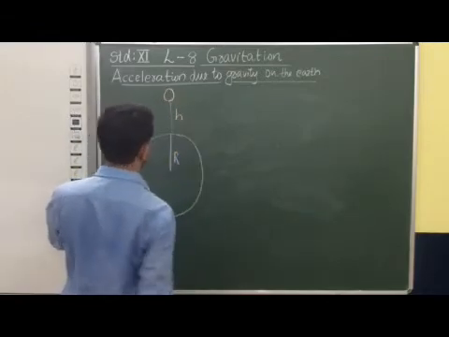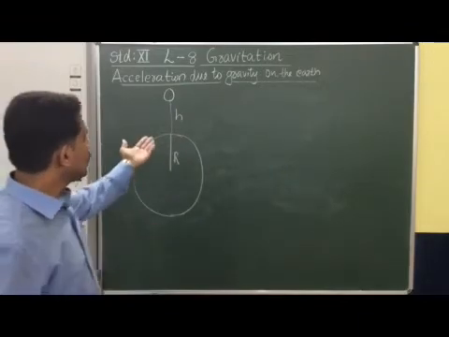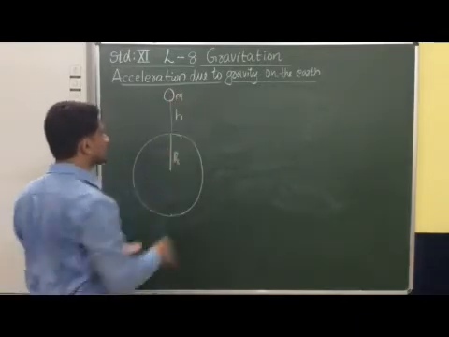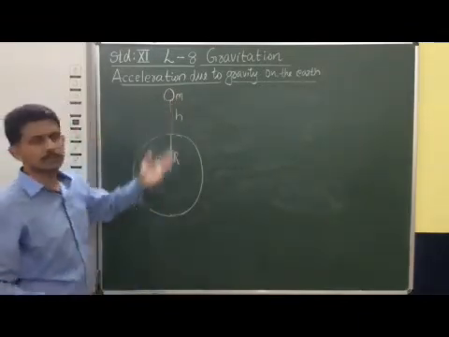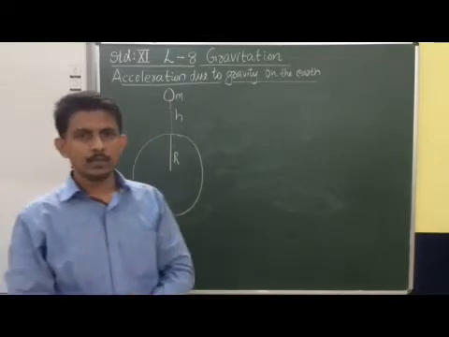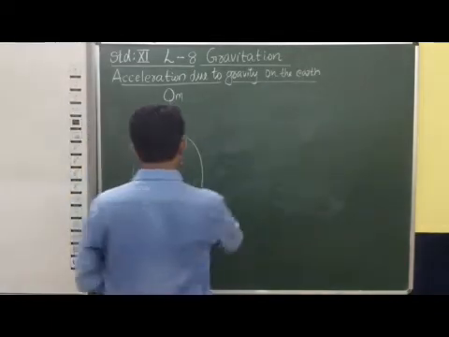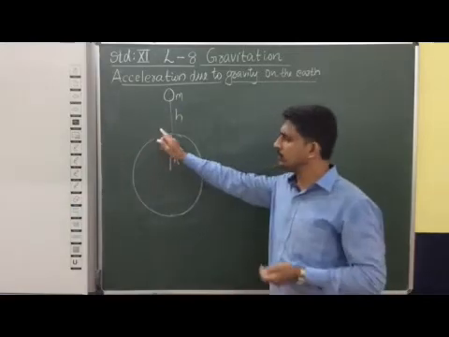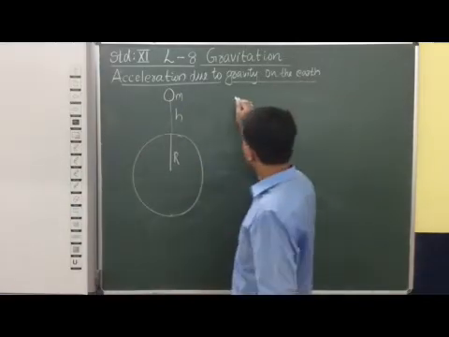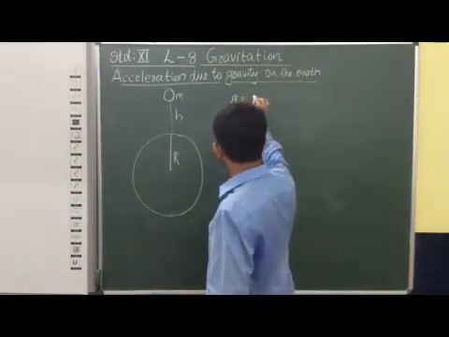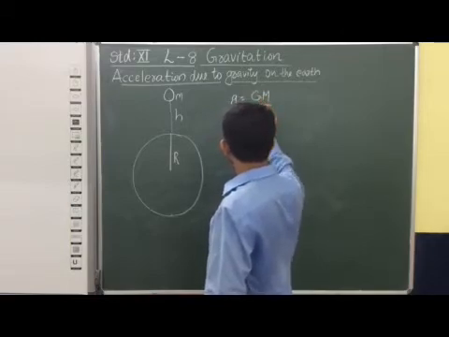In this case, we already studied the value of g on the surface of the earth. What is the value of g on the surface of the earth? G M divided by r square.